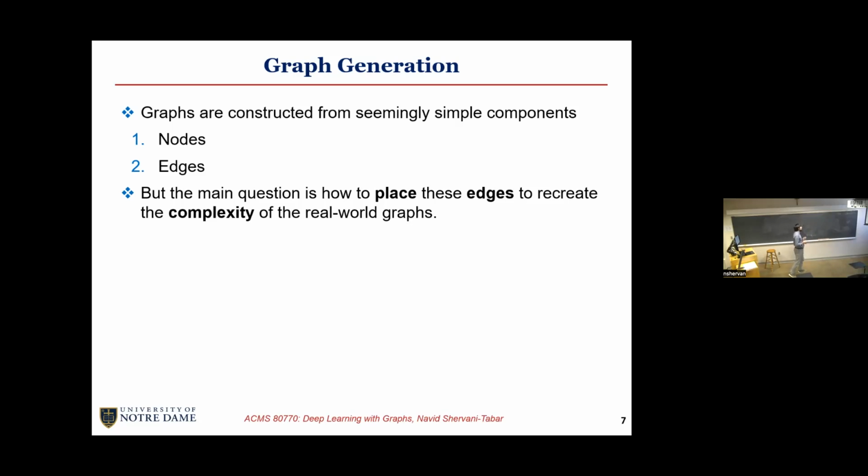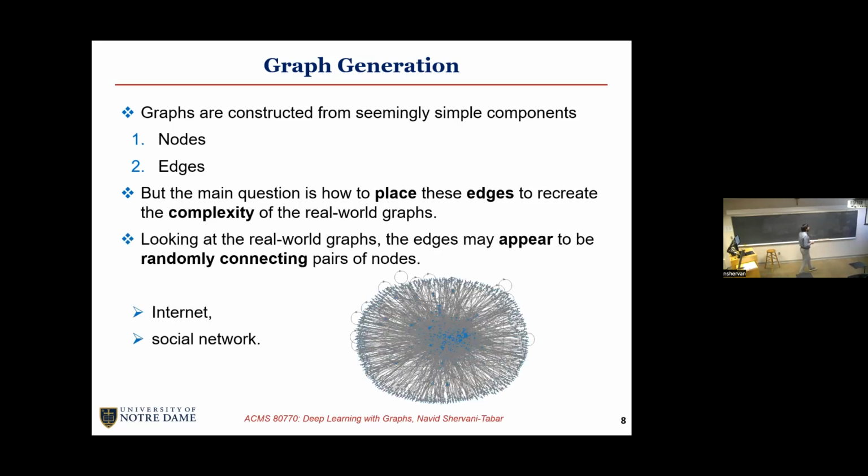Now, the question is whether the edges are in fact placed randomly throughout this graph, or whether there is an order that constructs real world networks or graphs. Here is, for instance, a part of the nd.edu web.